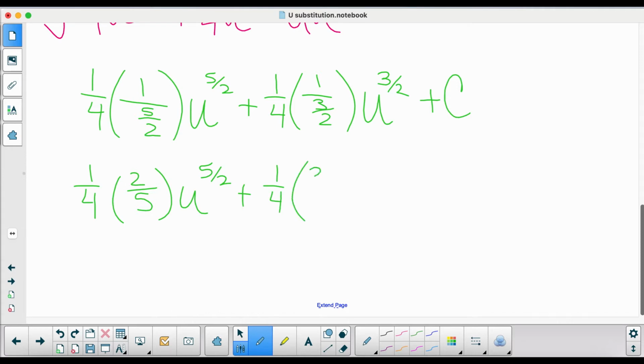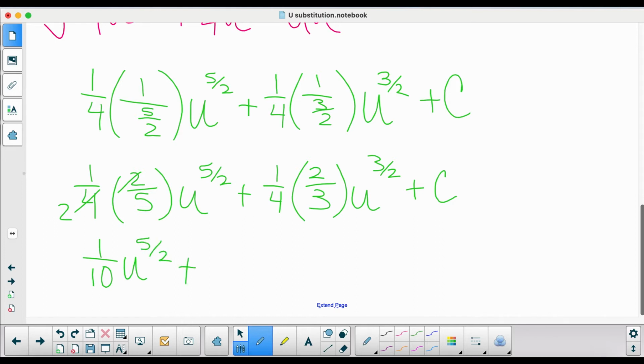This fraction will flip, 2/3, u to the 3/2 plus c. Clean up our fractions a little bit more. These can simplify, so we'll have 1/10 u to the 5/2 plus, those simplify, 1/6 u to the 3/2 plus c.